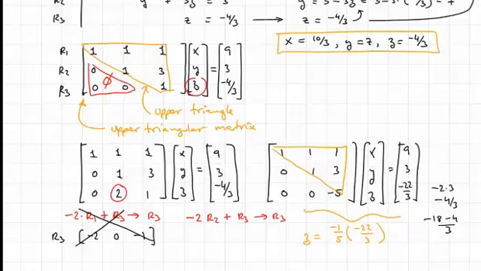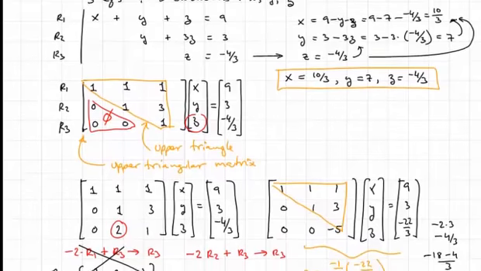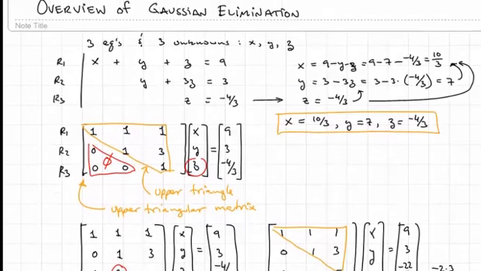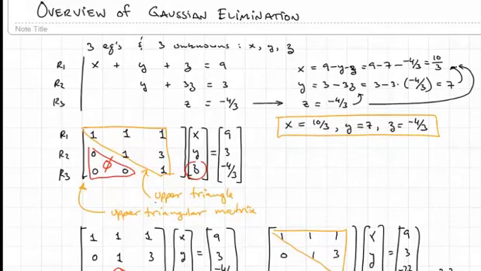So this is the process that's used to perform Gaussian elimination. And again, the overall purpose is that we want to form an upper triangular matrix with zeros down in the lower triangle, and from that format we can solve for our last variable here, z, and then use back substitution to find y and then x.